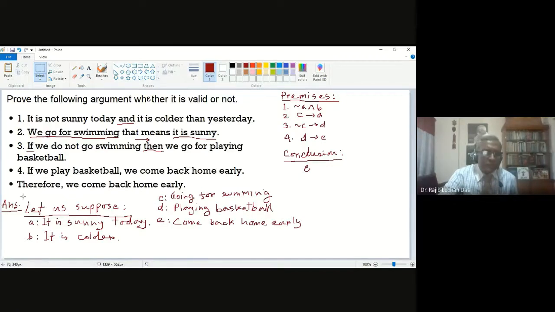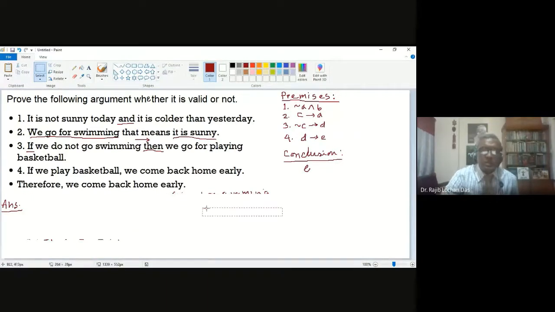Let me erase this part. Okay, so we have the premises one by one, and we have the conclusion where we want to reach. So now we will write, from the first one. What is the first one?